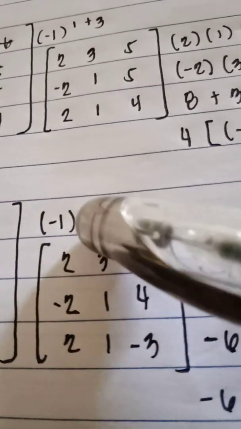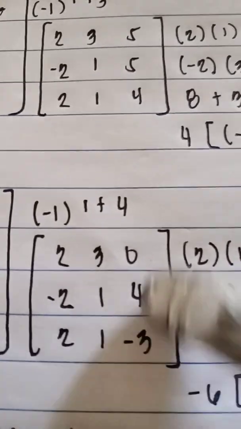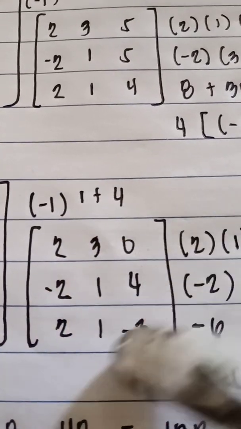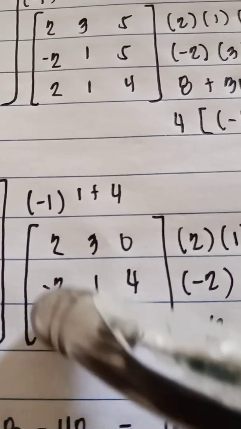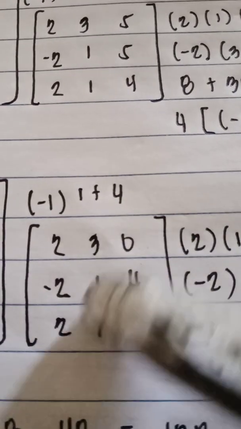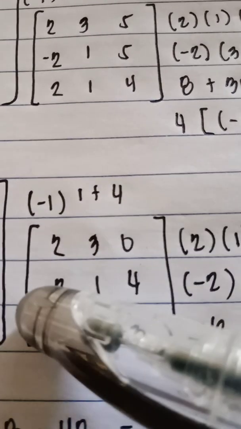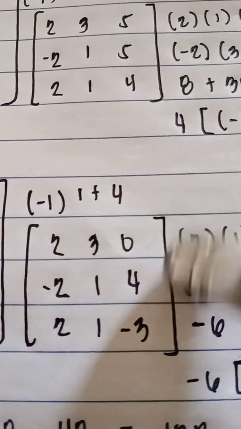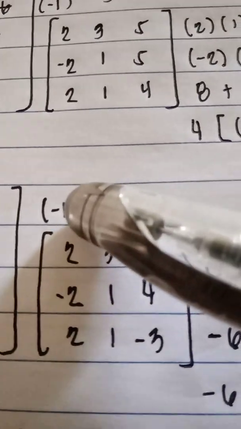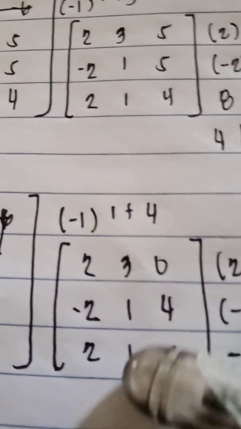So 2 times 1 times negative 3 plus 3 times 4 times 2, plus 0 times 1 times negative 2, minus 2 times 1 times 0, minus negative 2 times 3 times negative 3, minus 2 times 4 times 1.